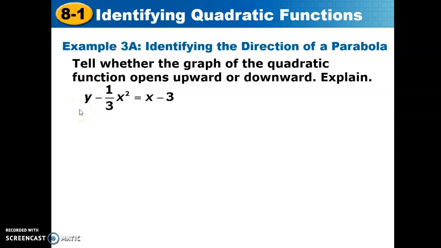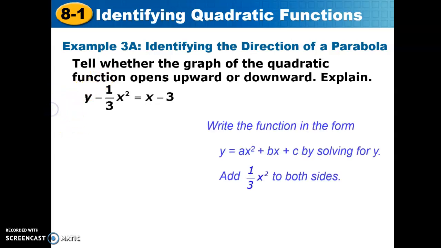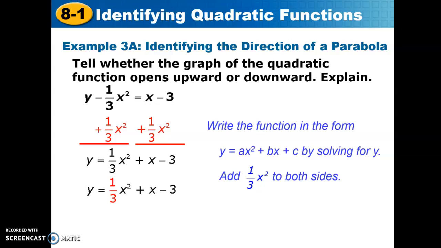If I don't solve for y, I don't really have a function, right? Remember? Y is all by itself in a function, and then we can look and see what we have going on. So if I add 1/3 x squared to both sides, I get a new function of y equals 1/3 x squared plus x minus 3.